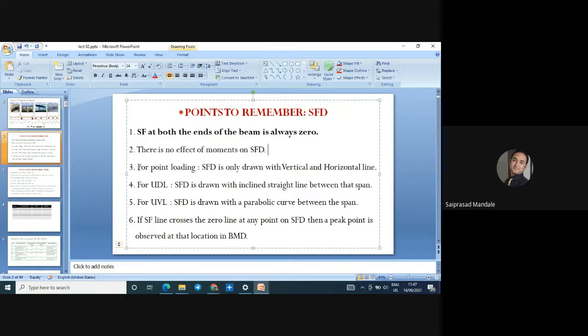Point number third, for a point load, SFD is drawn only with vertical and horizontal lines. So this point is required for us when there is a point load.